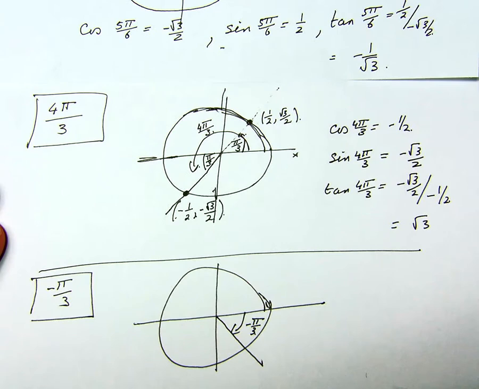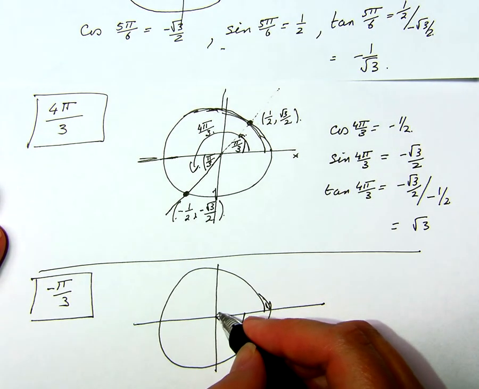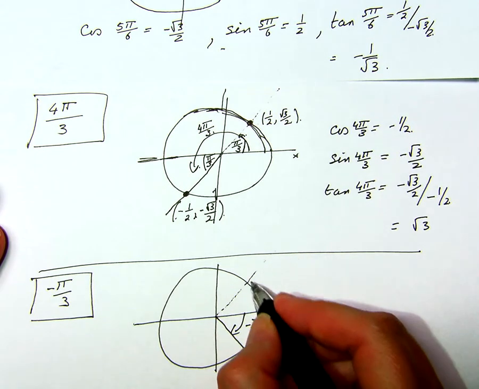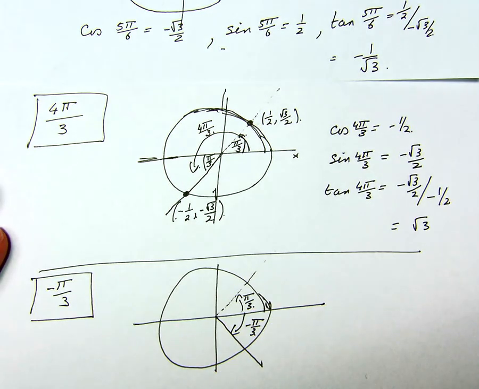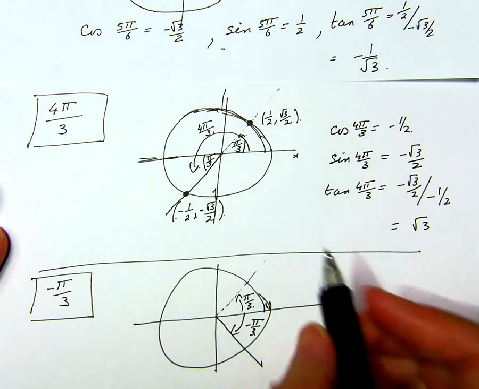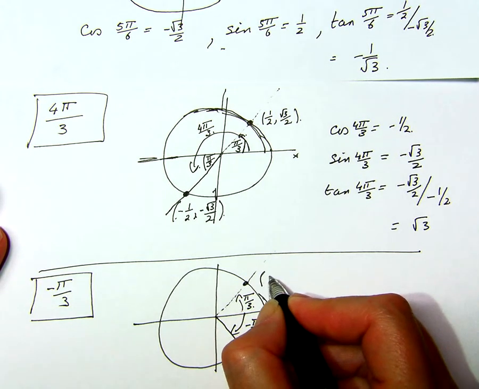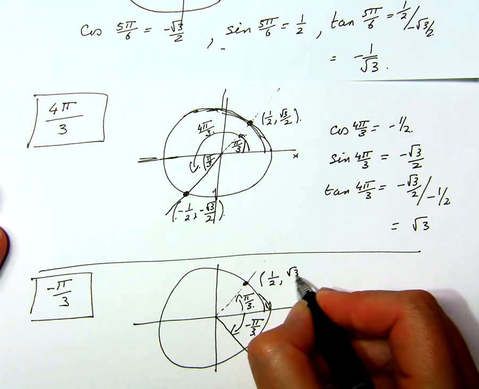And I'm going to reflect this terminal side in the positive x-axis to get a ray which is in the first quadrant and makes an angle of pi over 3 with the positive x-axis. And as before, I know the coordinates of this point. That ray cuts the unit circle at the point 1/2, root 3 over 2.